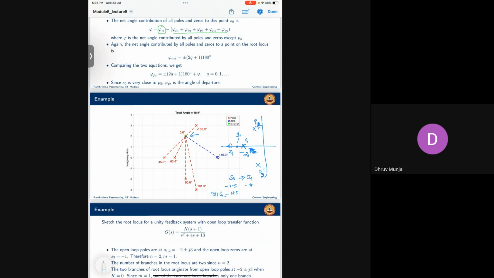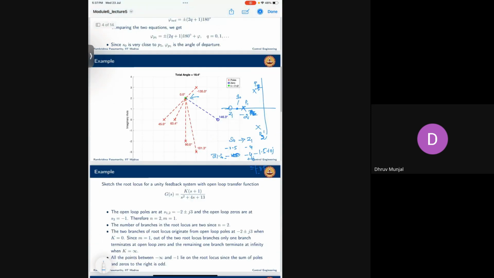I will calculate minus 4 minus of minus 1.5, plus 0j. This is also plus 0j since it is on the real axis. So I will consider this as minus 2.5. If I take the angle for this, it is tan inverse of b by a. This will give me the angle at S0 with respect to Z1.